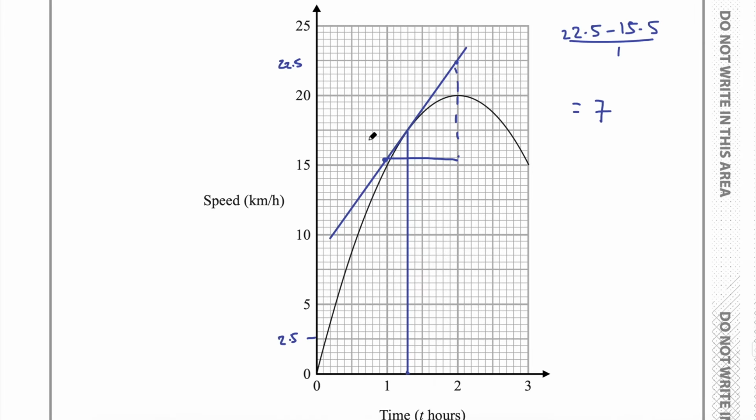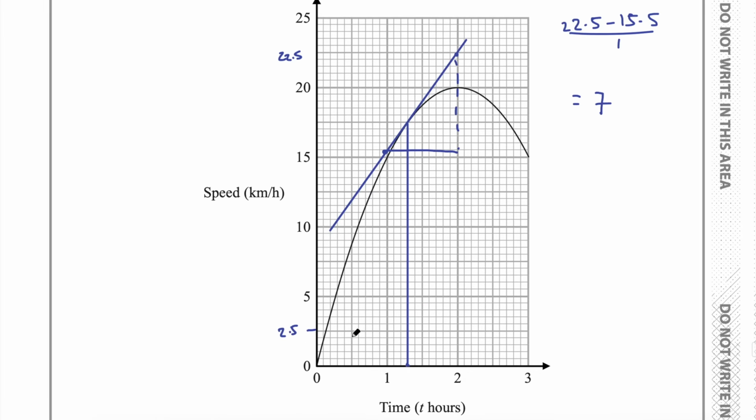Okay, so if we're looking at the speed and the time, this is the rate of increase in the speed. So let's look carefully at this graph a little bit. So when it gets to time equals 2 hours, it hasn't stopped. It's still going at 20 kilometers per hour, but the speed has stopped increasing.